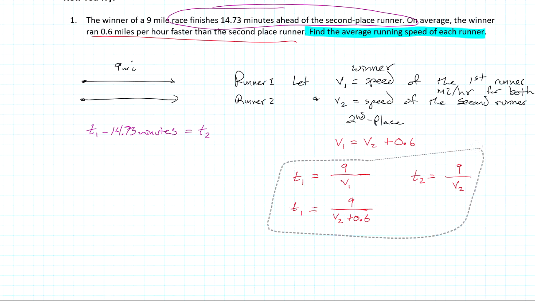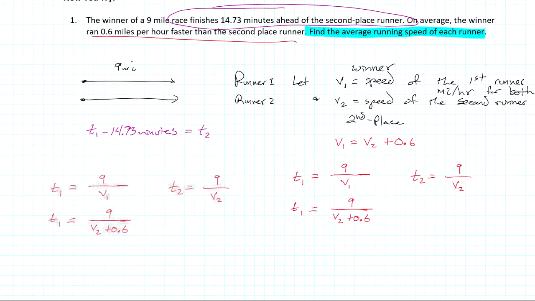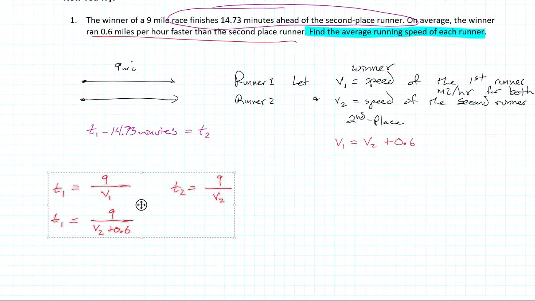Let's take that 14.73 minutes and multiply this by 1 hour per 60 minutes, or divide it by 60, if you will. And let's see what we get here.